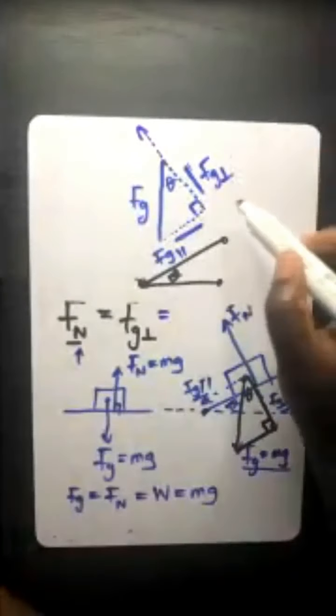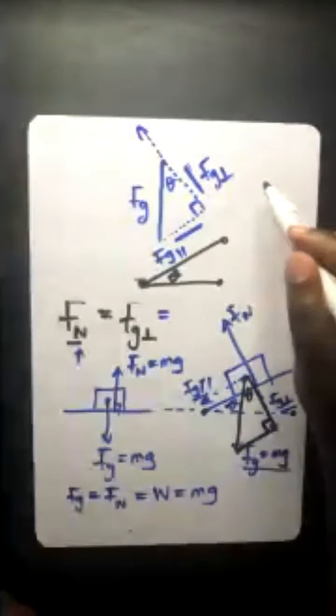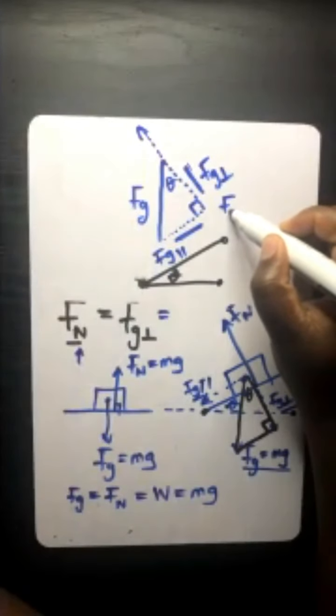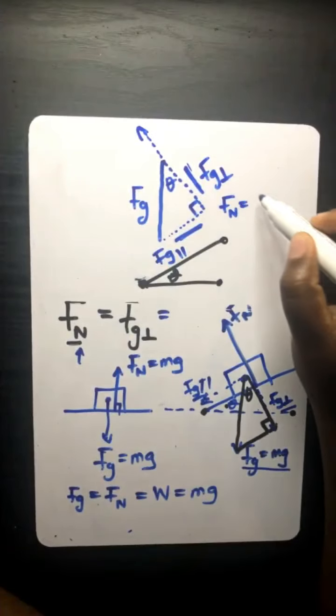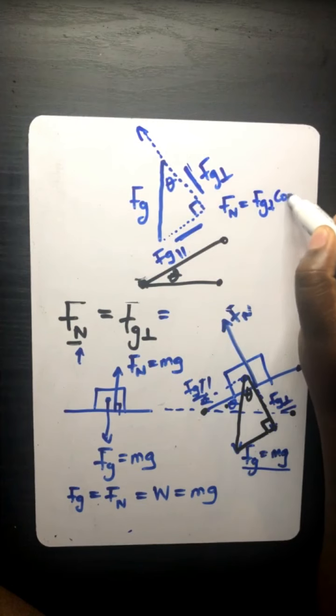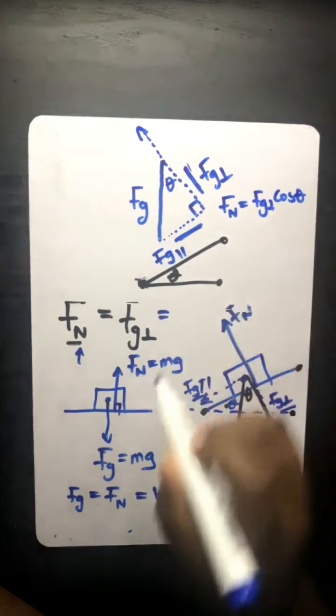I'm not sure, guys, if you would agree with me in saying force normal is then going to be equal to, let's say, FG parallel, then cos of the angle?